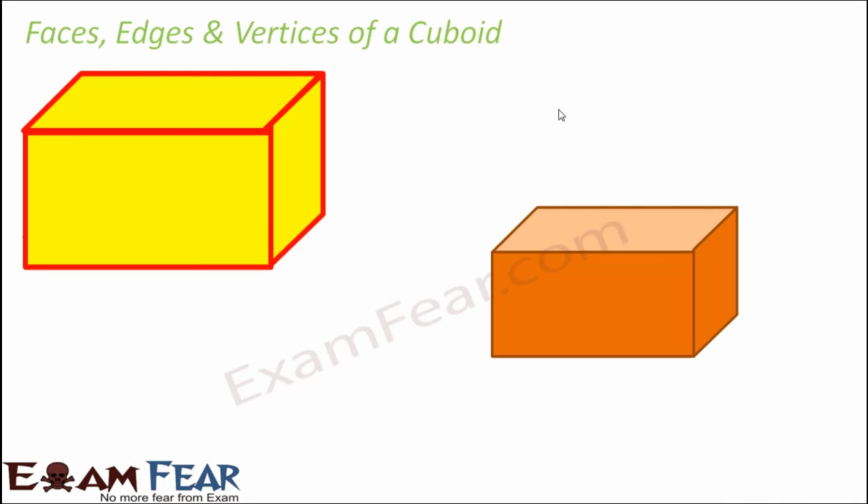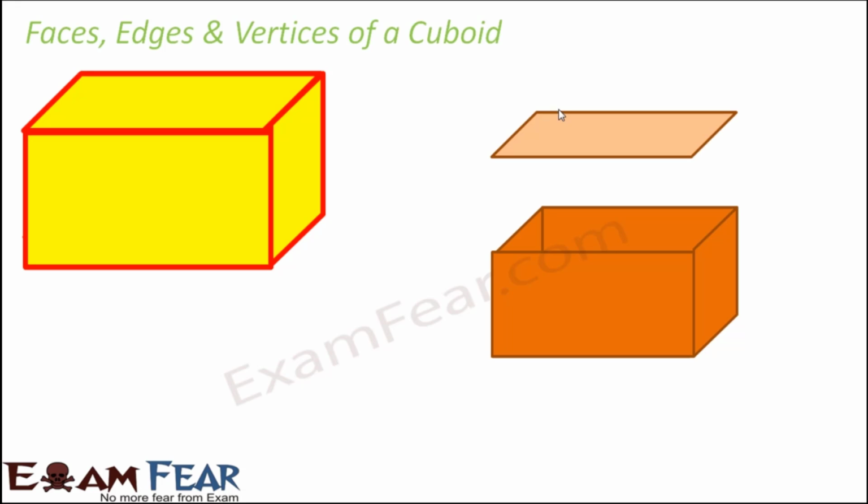With this, what we understand is whenever we talk about a three-dimensional shape, we do not just talk about angles, sides and vertices, because there is a lot more to a three-dimensional object. What are the basic parts of any three-dimensional object? Those three major parts are faces, edges and vertices. What are faces? Let's take the example of a cuboid.